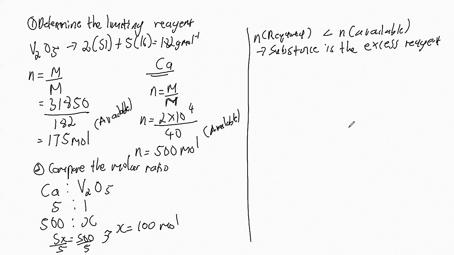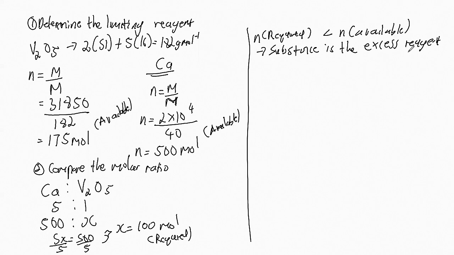So if for that particular substance the number of moles that is required is actually less than the number of moles that is available, then that means we are dealing with the excess reagent. Now, in a reaction, out of 2 reactants, one will be the excess reagent and the other will be the limiting reagent.